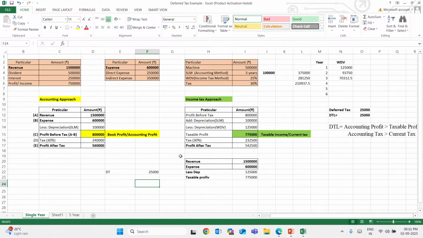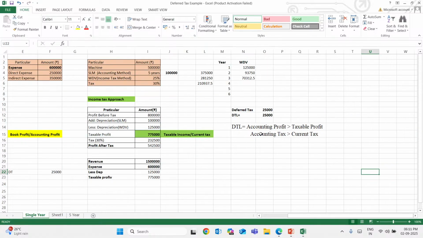That means when accounting profit is less than the taxable profit today, you pay more tax now, but you will get a relief later, right? So this is the working right here. We have taken it for 1 year.